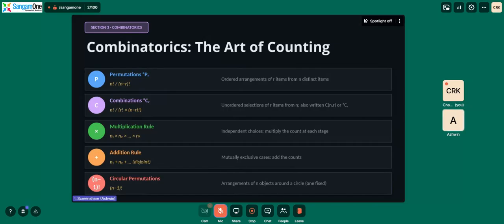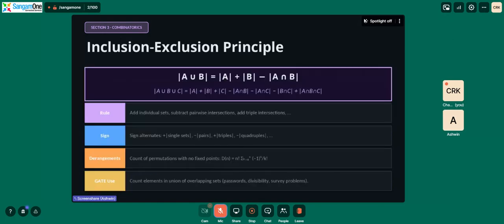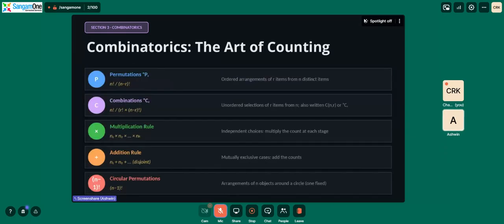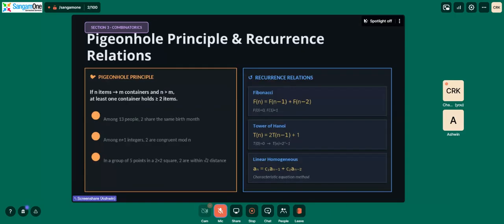Permutations, as you can see here in formulas and explanation also. Please remember that it is required to solve the upcoming problems also. This is the inclusion and exclusion principle from the previous session. Then comes the pigeonhole principle and recurrence relation.